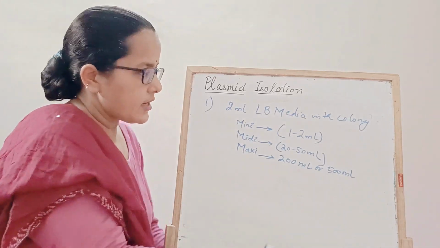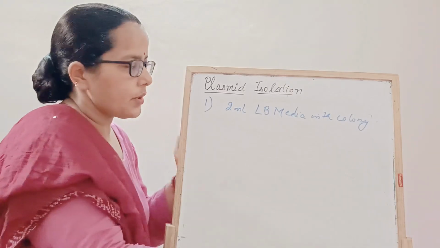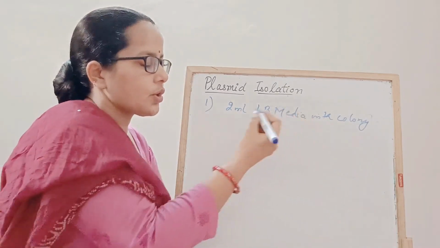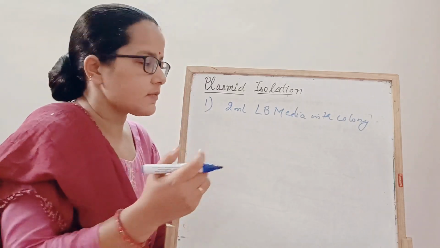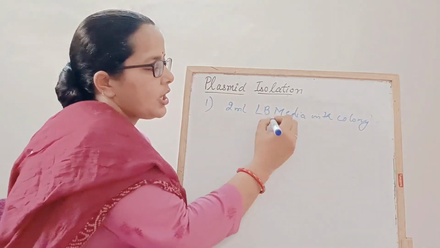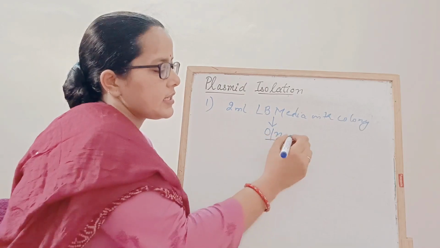Here today we will discuss the mini preparation. Just inoculate your 2 ml LB media with your colony which you have detected with the colony PCR as positive, and grow this colony on the shaker overnight as a culture.